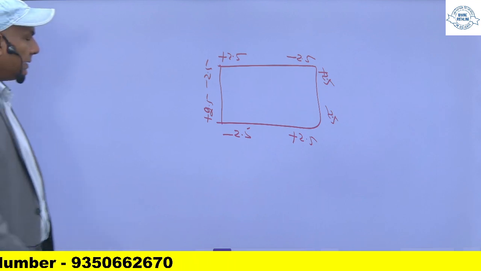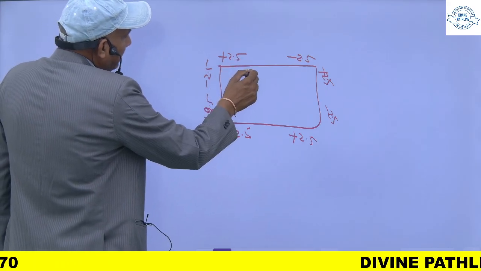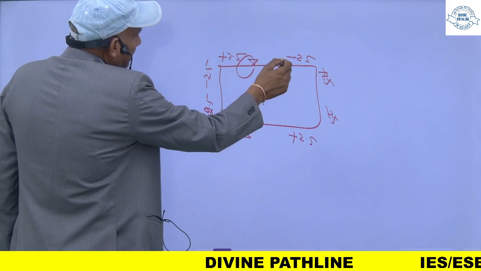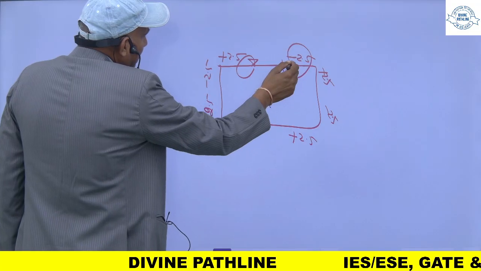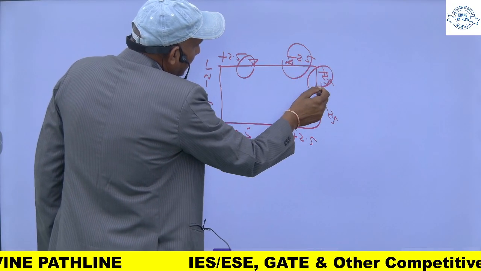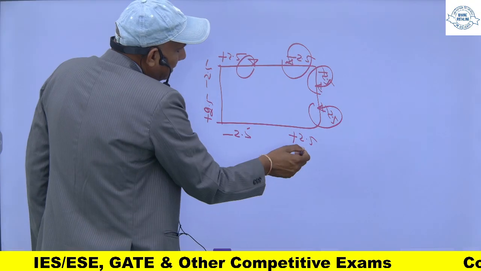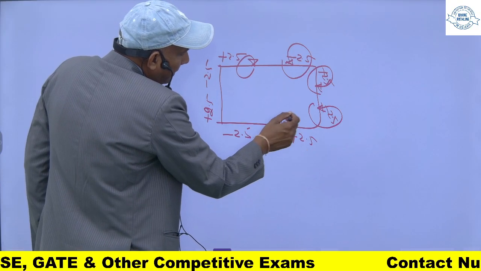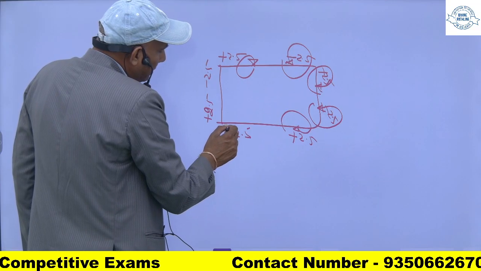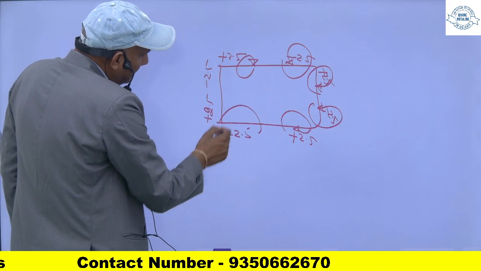If you see, this plus means clockwise. So my moment is like this. This minus means anti-clockwise. This plus means clockwise. This minus means anti-clockwise. This plus means clockwise. This minus means, if you see from here, it will be like this.